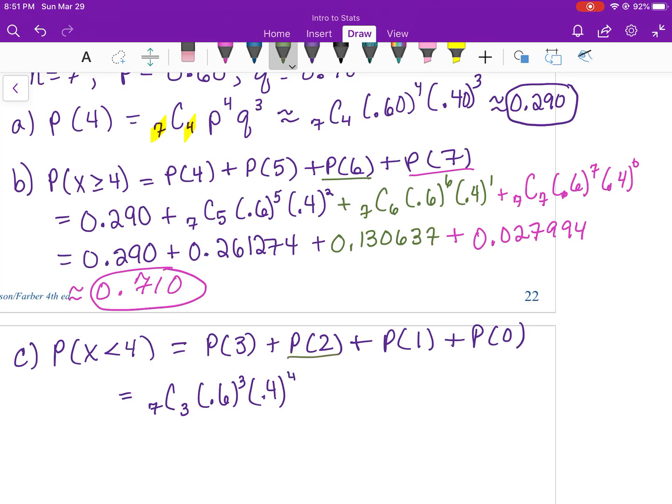We'll do this one in green. 7c2. We'll do this one in blue. So it should be a 6.